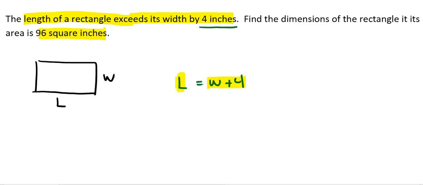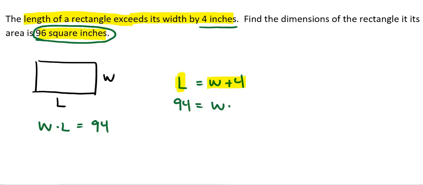The second equation comes from the fact that the area is going to be 96 square inches. So that means W times L equals 94. Okay, so my second equation is 94 equals W times L. Now once you've created two equations, you want to do a substitution step here.